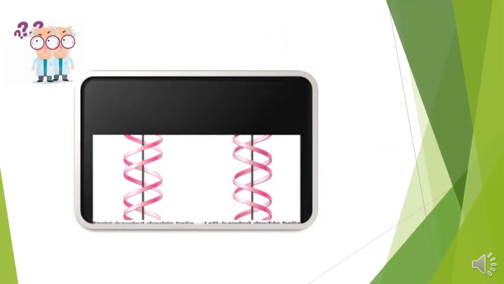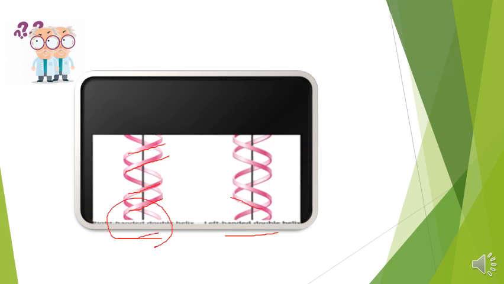Okay, we have a quiz. In your idea, is this DNA right-handed or left-handed? As you can see, on this strand our right thumb is pointing toward the right direction, so this is a right-handed double helix.